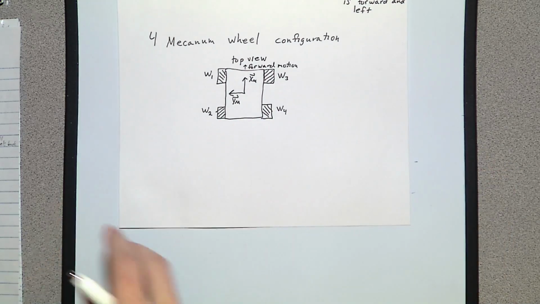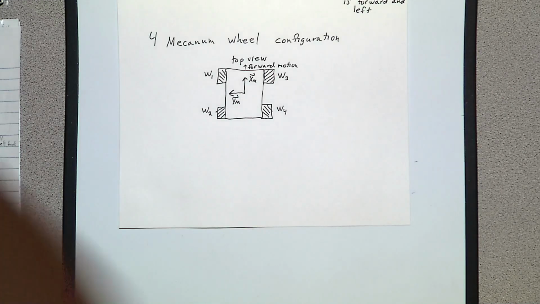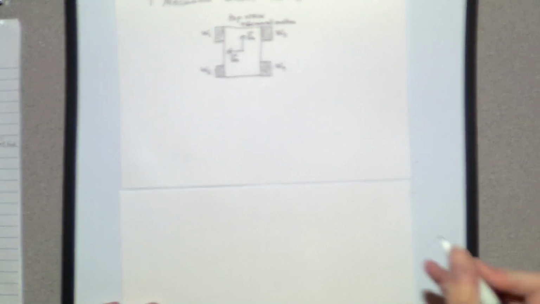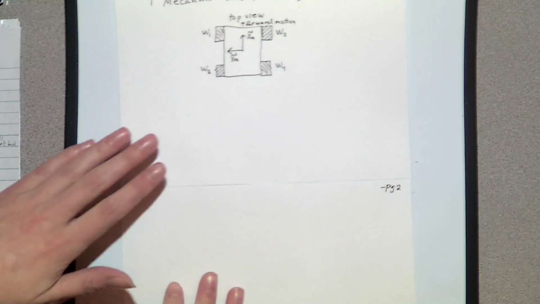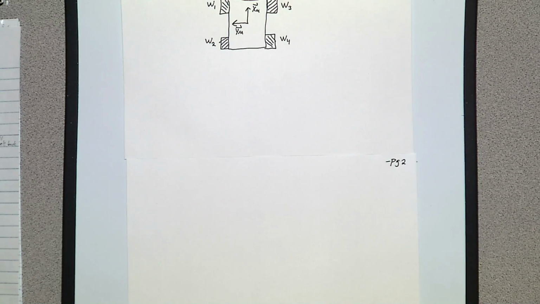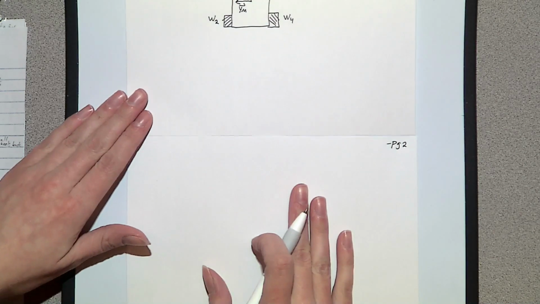So the first case that we'll look at, and so first I'll give you the more general idea, and then we'll look at the math as to why that actually works out the way it does.